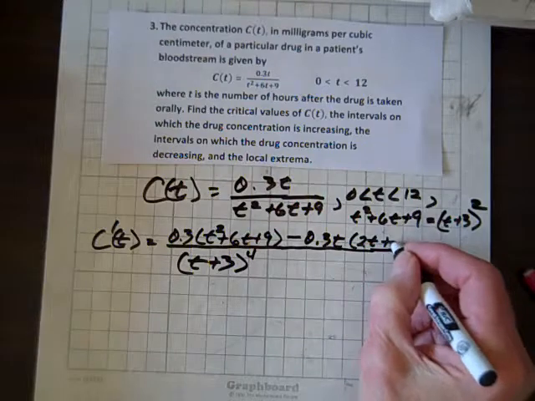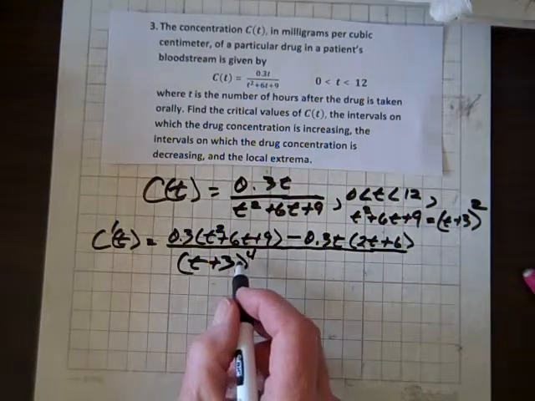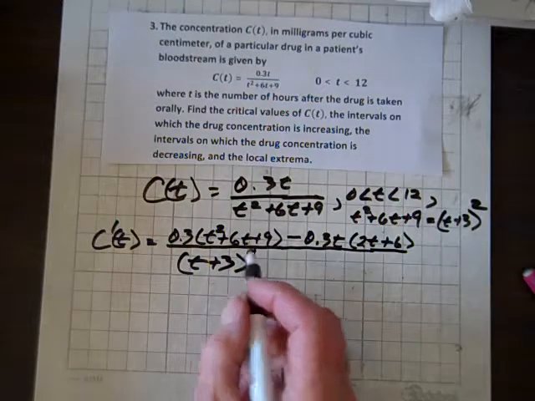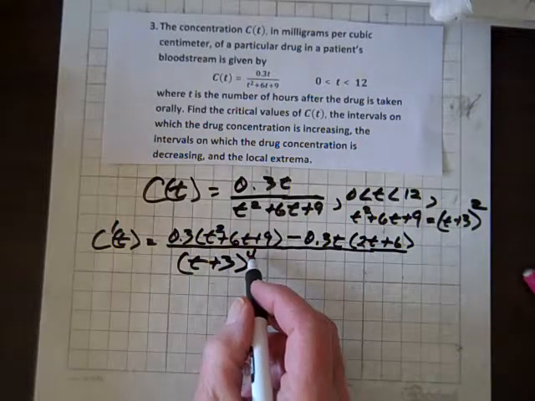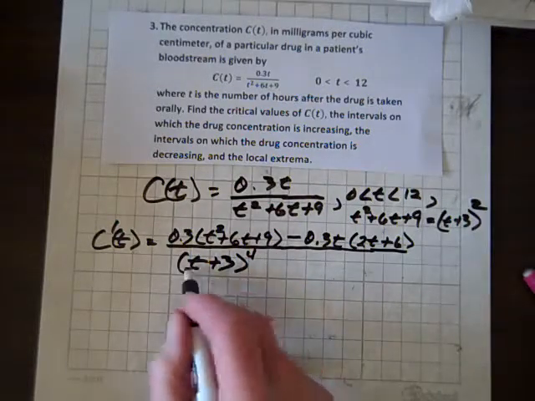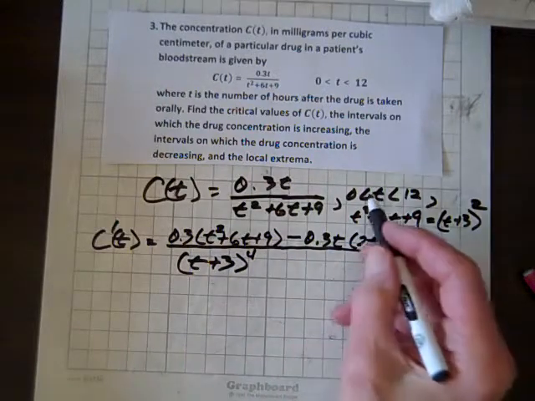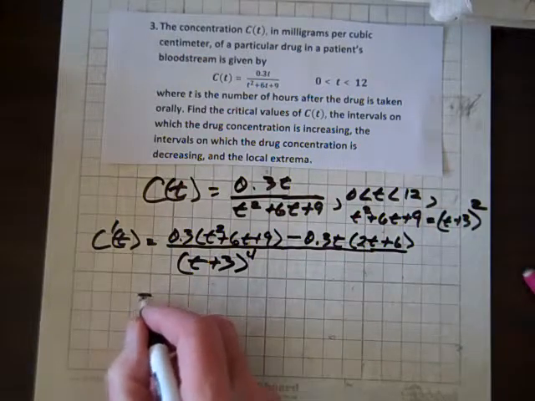Now notice, this denominator will never be negative. It will always be positive, because it's raised to the 4th power, and this expression can never go to 0 on the interval 0 to 12. So we no longer have to worry about that.